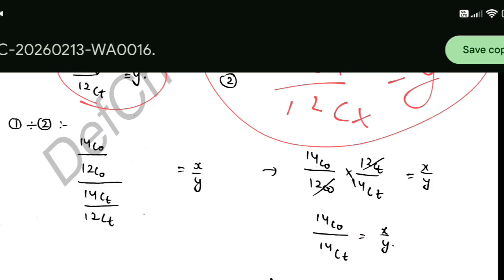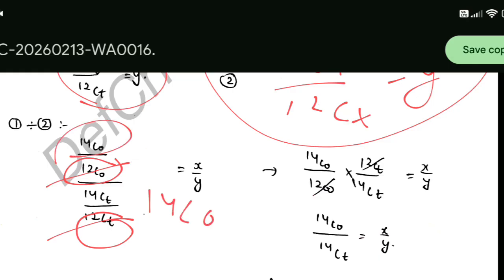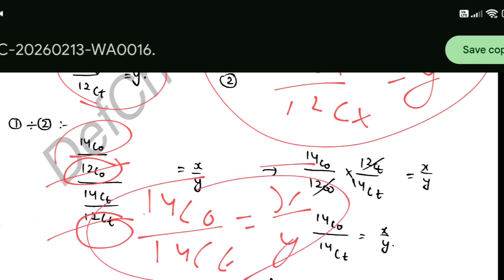Dividing both of these, we know that the concentration of 12C will remain the same whether it is in fresh condition or the sample is dead. So they will cut out and we get the ratio of 14C naught upon 14C t is equal to x by y.